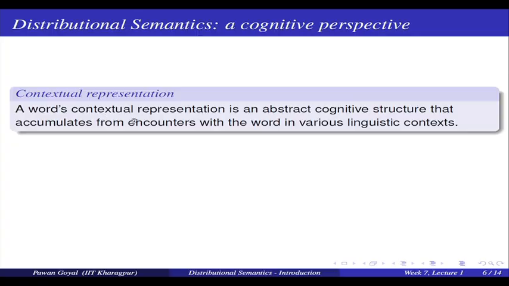So this was the linguistic perspective. Is there some cognitive perspective also with distribution semantics? So we have this idea of what is the representation of a word, and it is said to be some sort of abstract cognitive structure that I am storing in my brain or somewhere, we do not know, but that is something I gather as I keep on hearing or finding this word in more and more context.